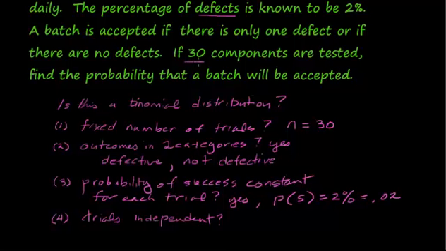You wouldn't keep putting them back in after you note whether it is defective or not. So we would not be doing this sampling with replacement. So we have to ask ourselves, does it fit our rule that our sample size is less than or equal to 0.05 times the population size? Let's put the numbers in and see how that comes out.